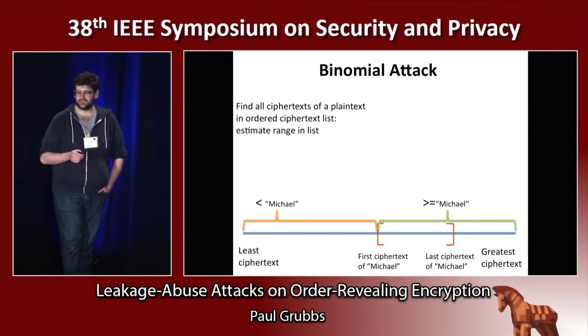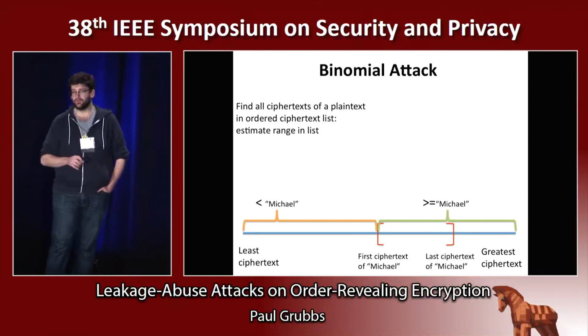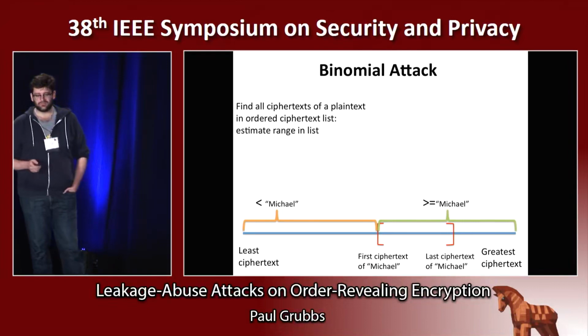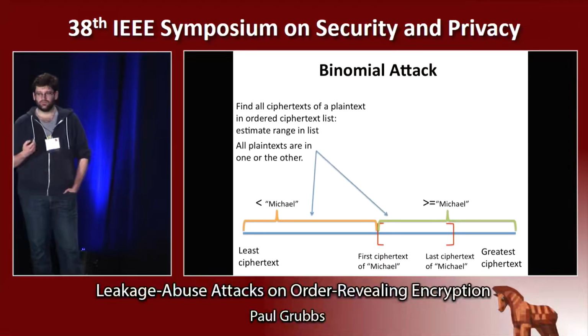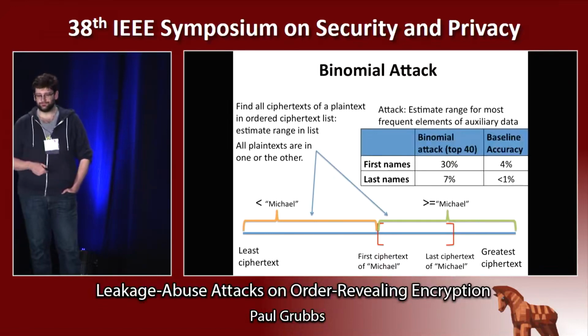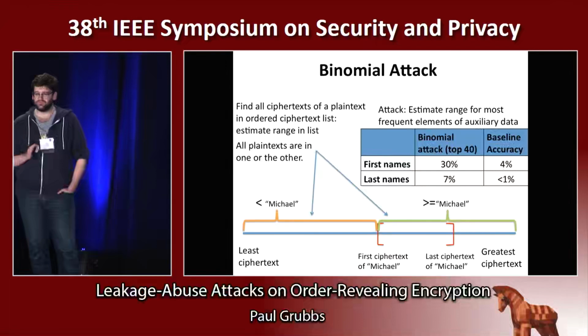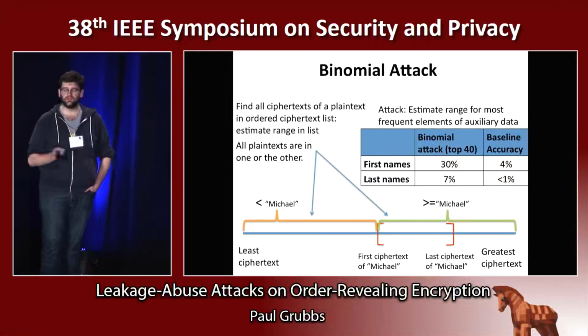This allows us to basically treat the problem as a kind of binomial distribution, where we have a coin where heads indicates that the plaintext is less than Michael, and tails indicates that it's greater than or equal to Michael. And we can estimate the position of the first Michael just by flipping this coin for each plaintext in the database.